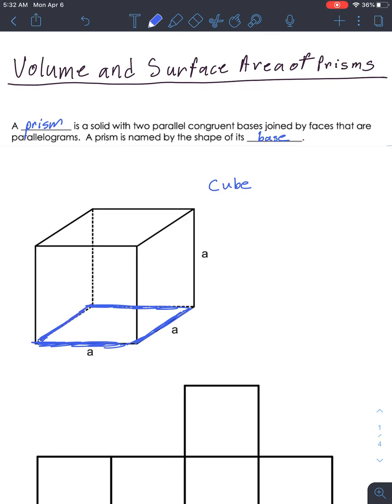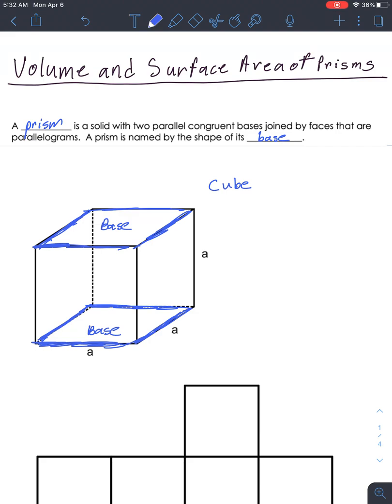If I took this shape and flipped it, this top could also be considered a base. So base, base. Both of these bases are congruent and they're also parallel, and they're joined by faces that are parallelograms. Imagine you start with the two bases and then you put the other squares around it, and a square is a parallelogram.